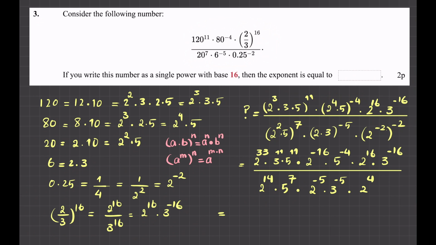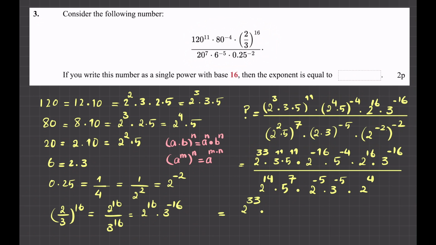And then you see that this 2 to the power of 33 times 2 to the power of minus 16 and 2 to the power of 16. Because the bases are all the same, I have to add the exponents. But when I add 16 to minus 16, that is gone, so only 33 survives. So in the numerator, I will have only 2 to the power of 33.